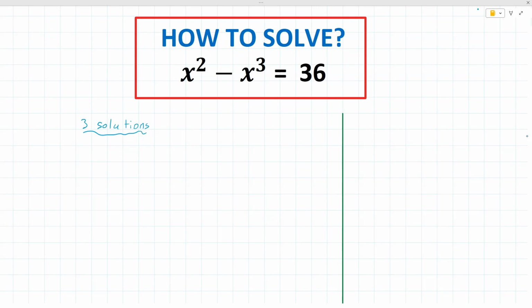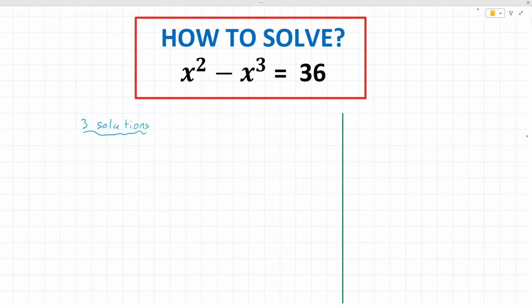A good idea is to see if we can find an obvious solution, or a solution that you can guess. Square numbers are naturally smaller than cube numbers, so x squared minus x cubed equals 36 is quite awkward.